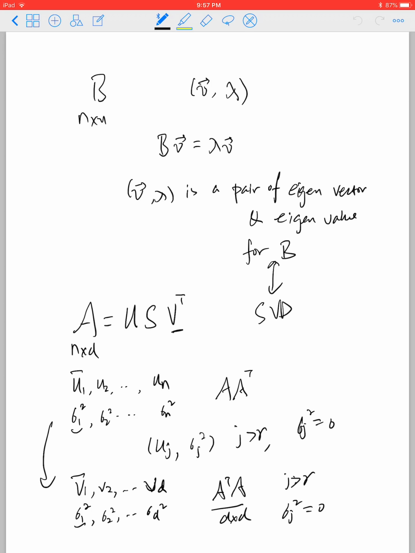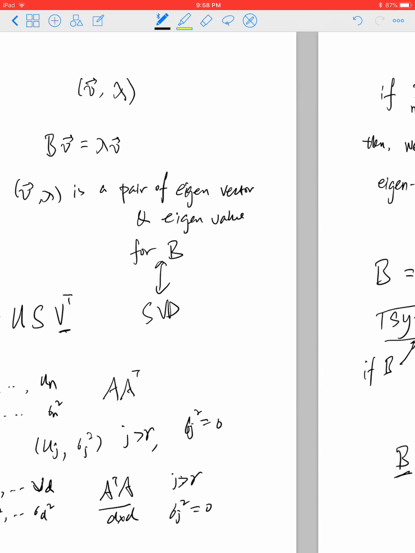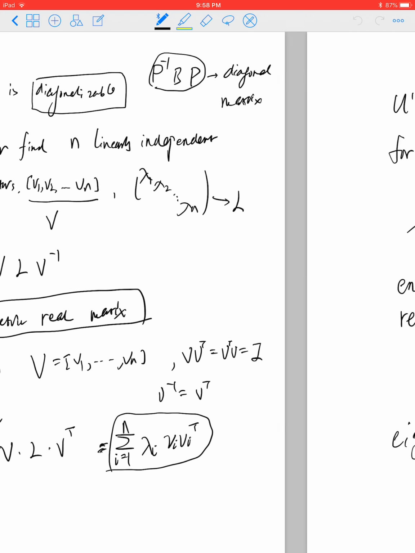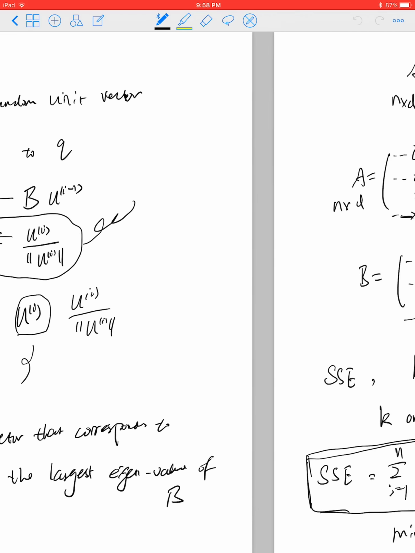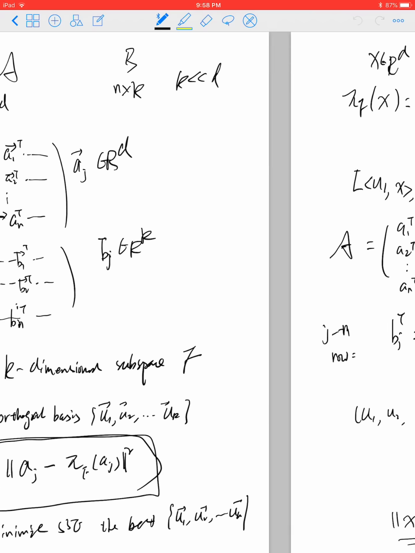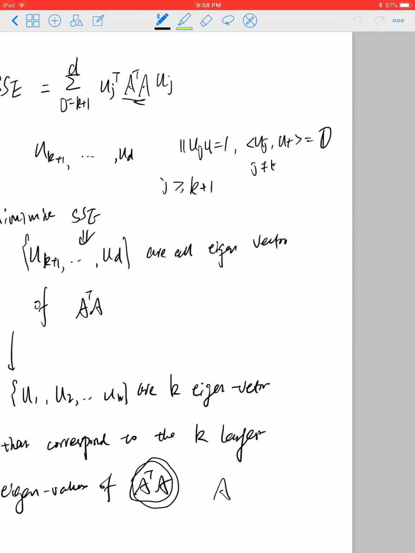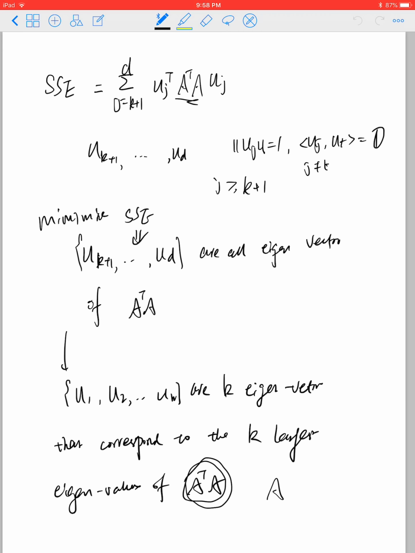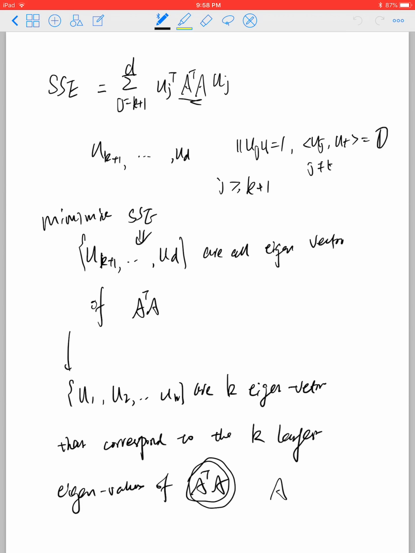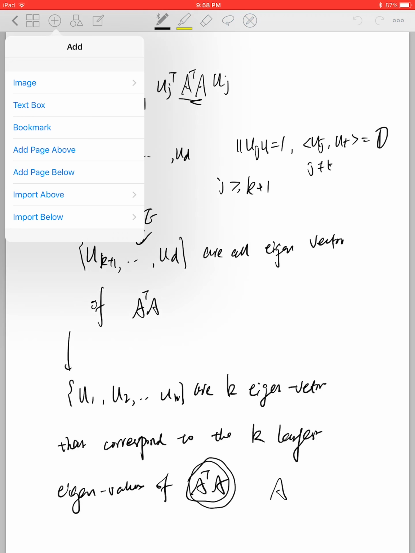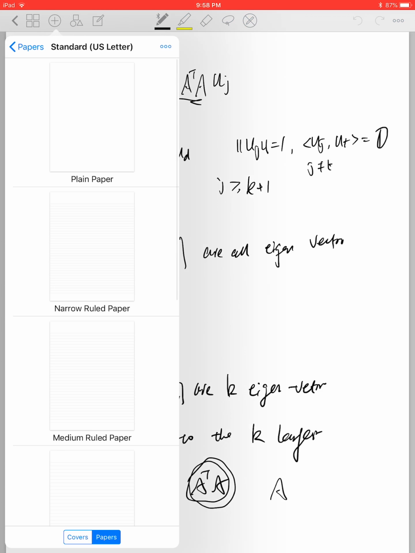So now let us try to connect this result to our previous concept. So how can we compute the eigenvalues and eigenvectors of A transpose A? Remember what we can do before, right? Remember the connection between the singular value decomposition and the eigen decomposition, right?